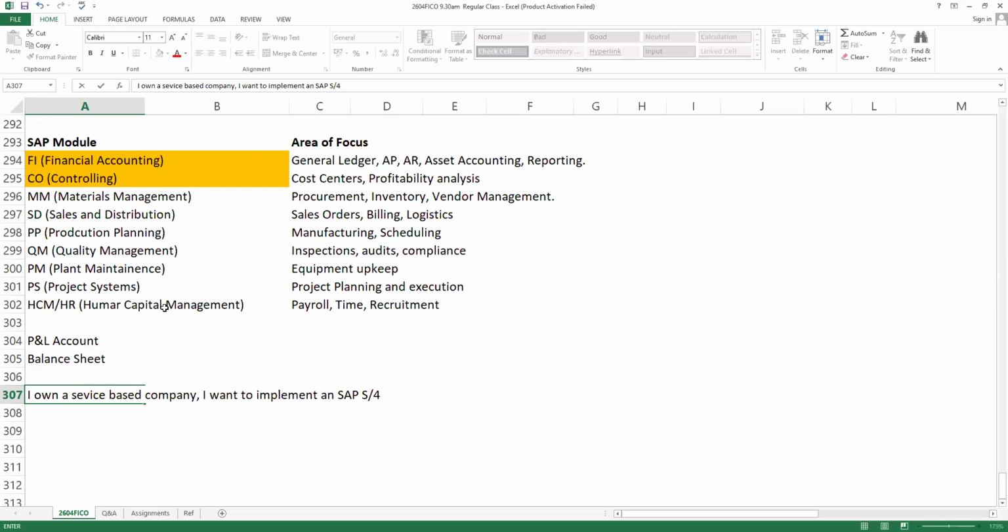Now try to understand this scenario. In the above given SAP modules, what modules are required for me? What is not required? Is FI required for a service-based company?